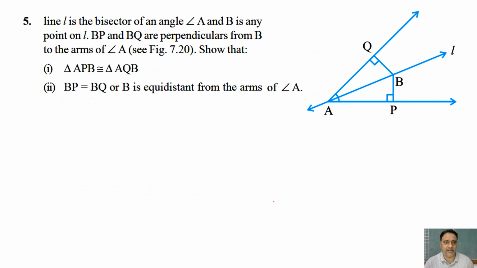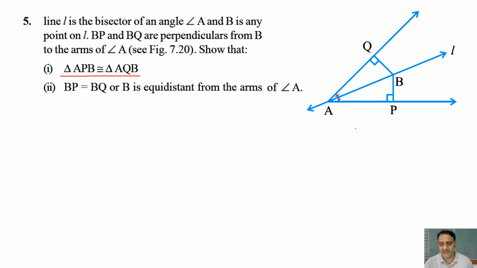No, sir. Okay. Now line L is the bisector of angle A and B. Angle A and B is any point on L. BP and BQ are the perpendiculars from B to the arms of angle A. Show that these two triangles are congruent. Okay. So let us start with this angle. These two angles are equal.